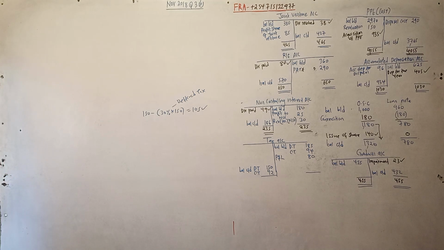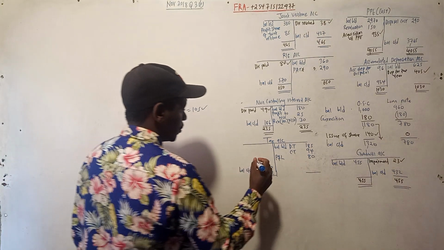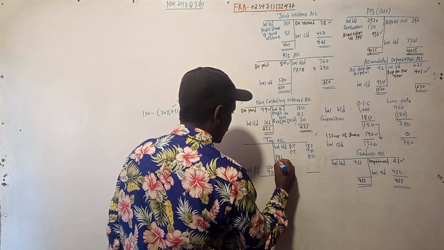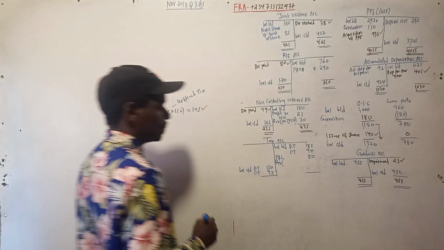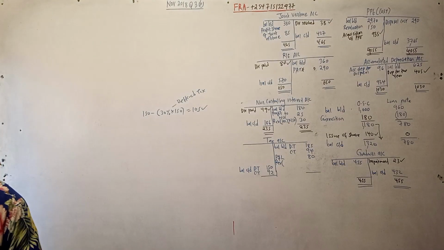Now, we also need to capture the aspect of the group account. We call it revaluation, but remember it is the deferred tax.